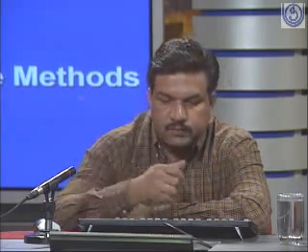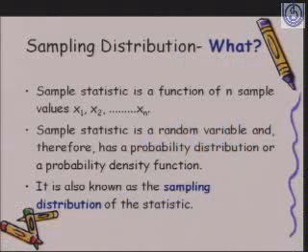Now, what is a sampling distribution? Let us define the term. A sample statistic is a function of n sample values, x1, x2 up to xn. A sample statistic is a random variable and therefore has a probability distribution or a probability density function.